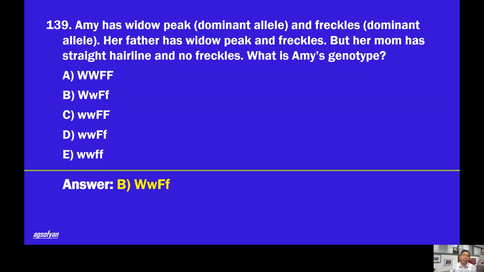So Amy's genotype will be W capital letter, w lowercase, with the capital letter coming from the father and the lowercase coming from the mother. And then the F, the dominant freckles coming from her father, and the lowercase, no freckles, coming from her mother. When they combine like this, heterozygous, then the dominants will show up, which is widow's peak and freckles. So this is Amy's genotype.